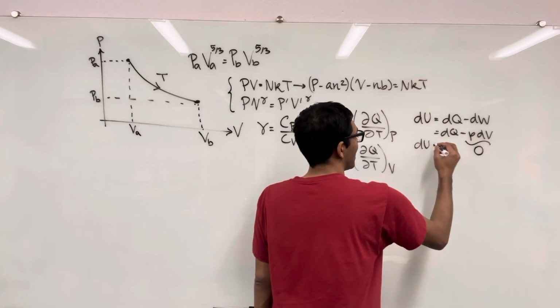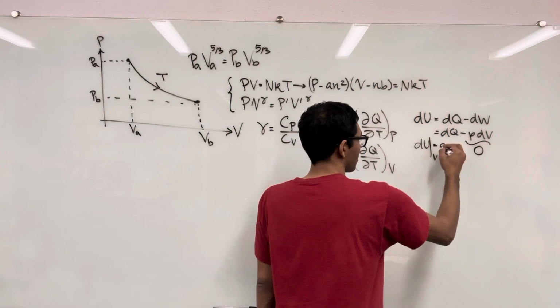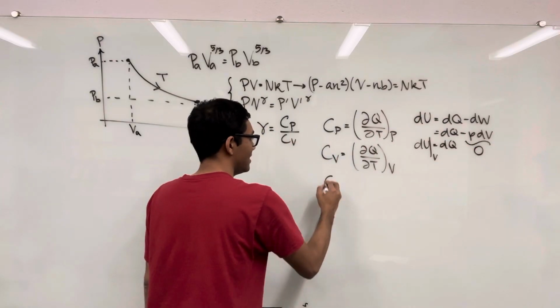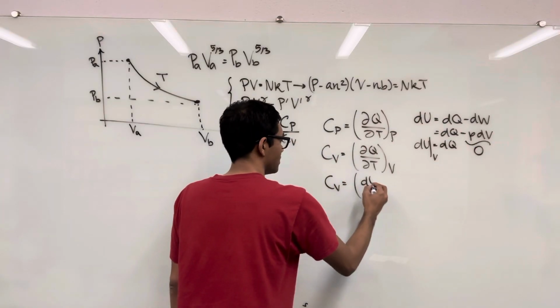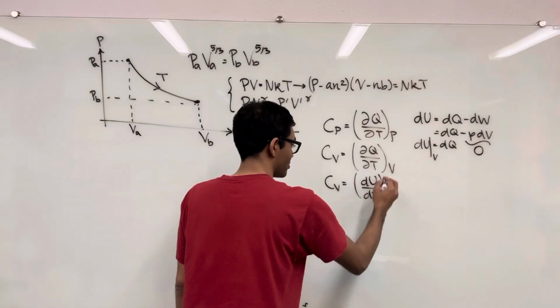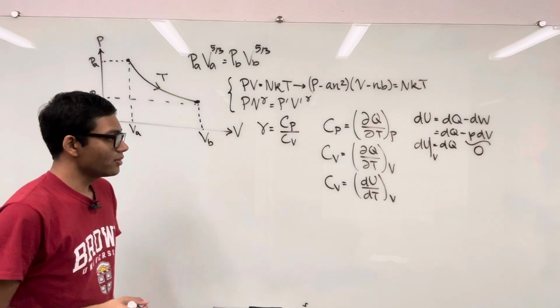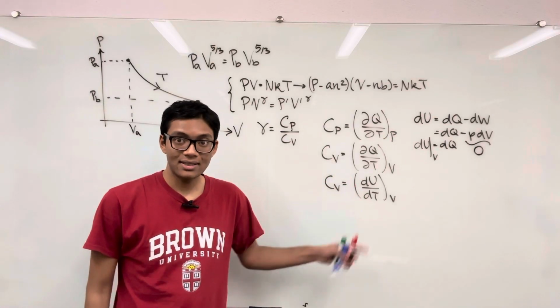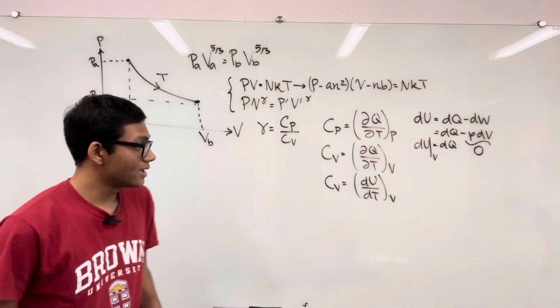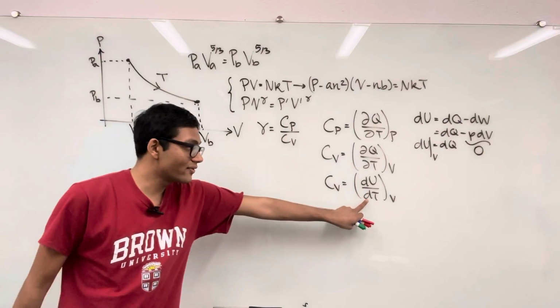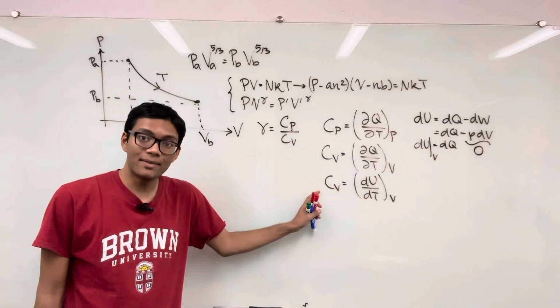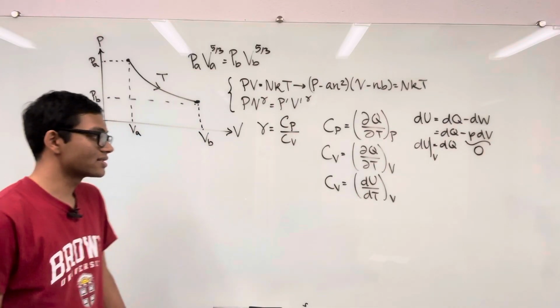That means dU at constant volume is equal to dQ, which means that Cv is simply dU/dT, simply the derivative of the system's internal energy. So if you can determine the internal energy of a thermodynamic system using the equipartition theorem, then you can just differentiate it with respect to temperature and obtain the heat capacity at constant volume.